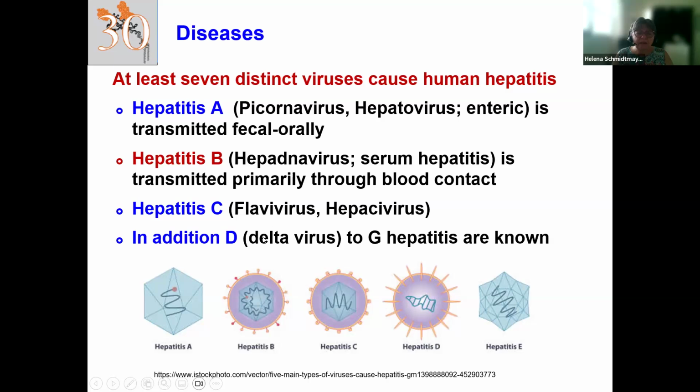Interesting is the Delta virus, hepatitis D. It is a defective RNA virus, which usually per se cannot trigger hepatitis. However, if it co-infects people who are infected with hepatitis B, it can contribute to higher pathogenic outcomes. So it can trigger worse pathogenesis in co-infected individuals.